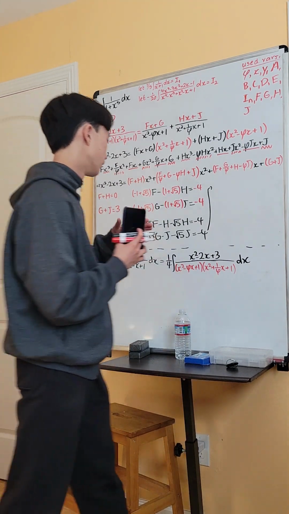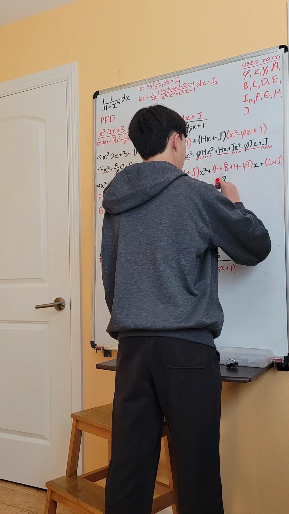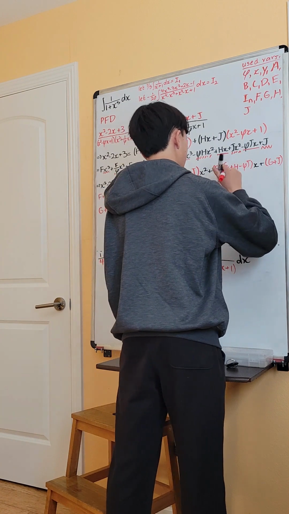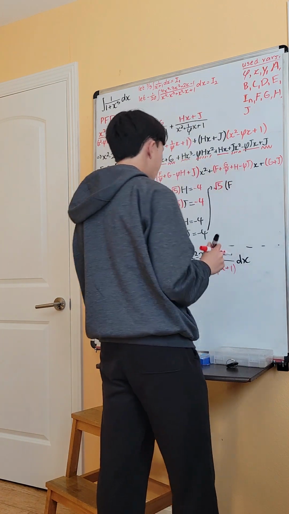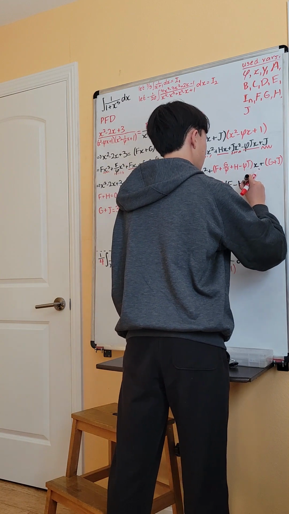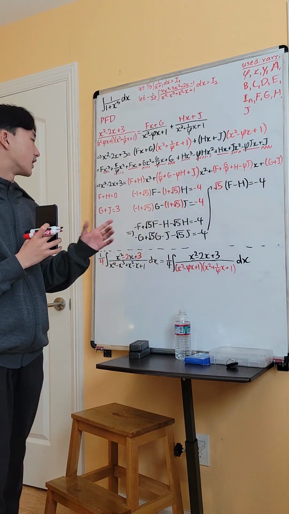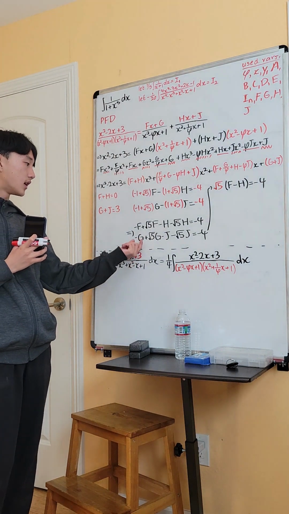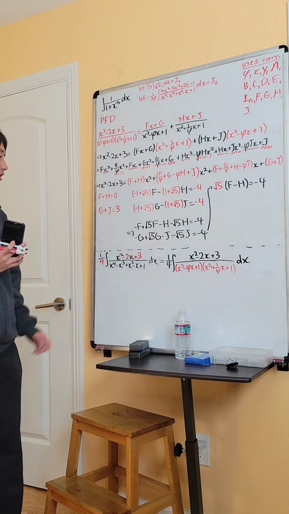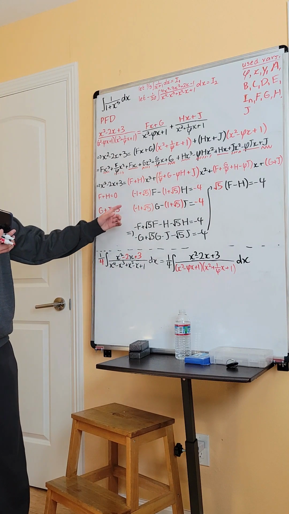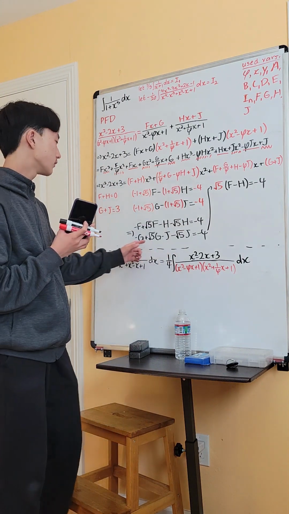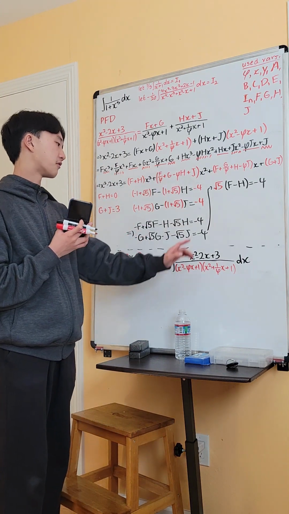What we can do is factor out a root 5, and then the f minus h is still there, and it still equals negative 4. For right here, a negative g minus j is just negative g plus j, which is negative 3. So there's a negative 3, and then the other terms.